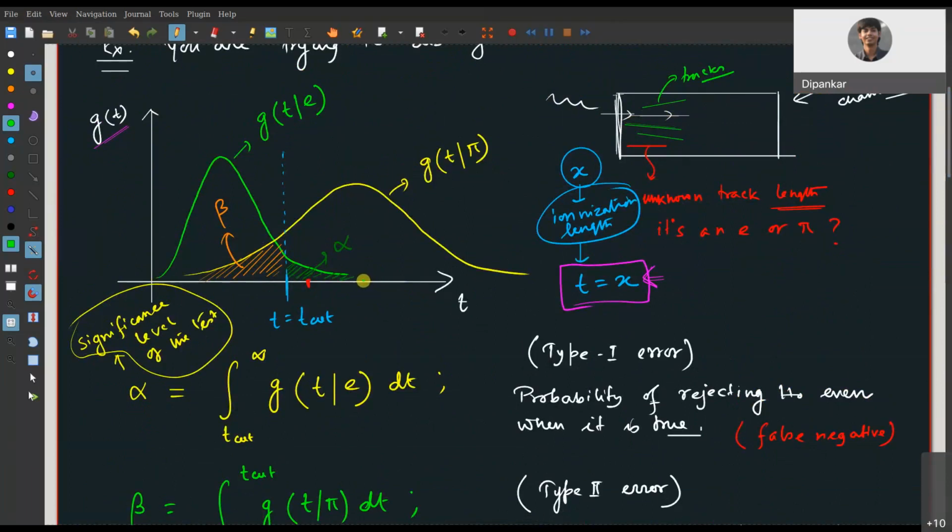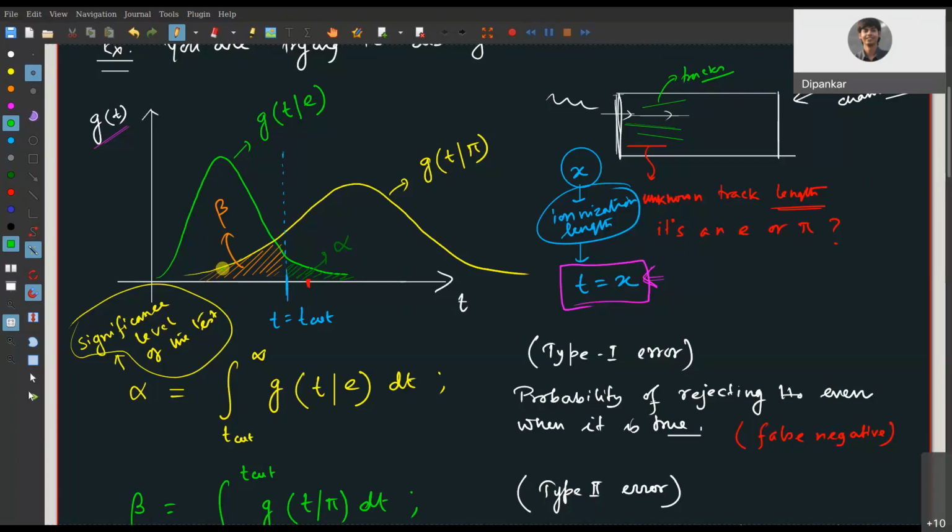But since you have placed a cut here, you are only accepting those electrons which lie below this t cut. Ideally, suppose you are trying to measure some properties of the electron, then you want to accept as many electrons as possible.